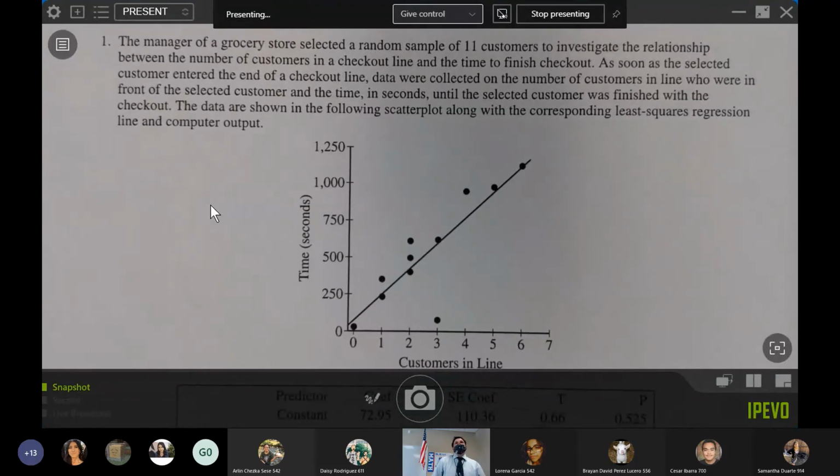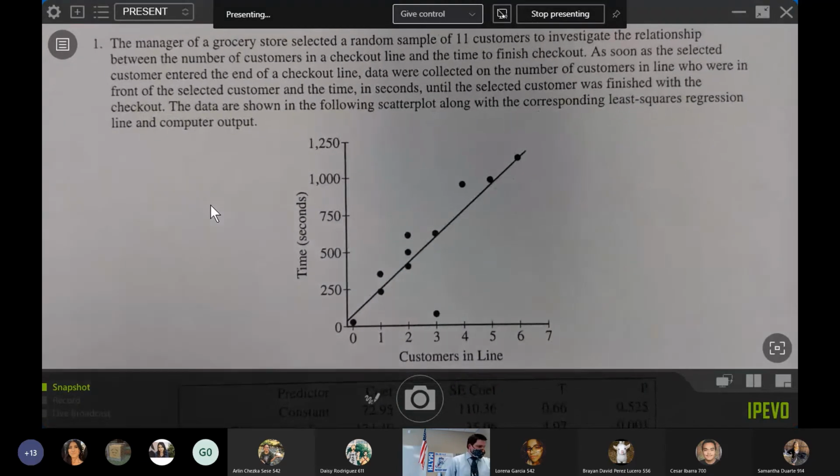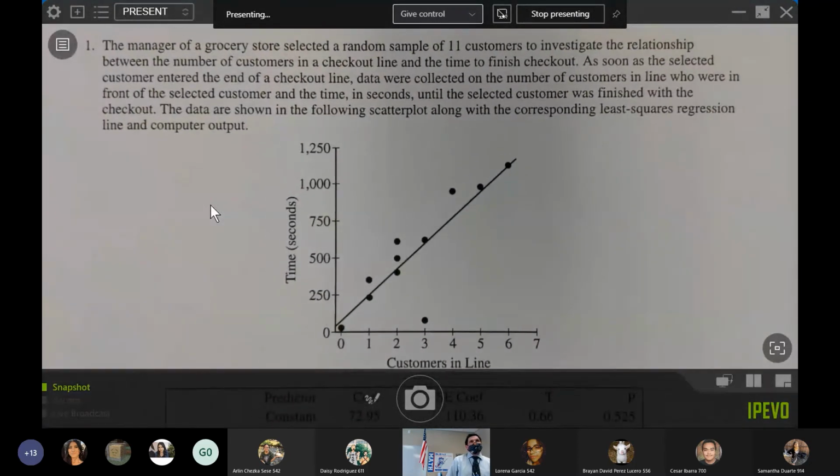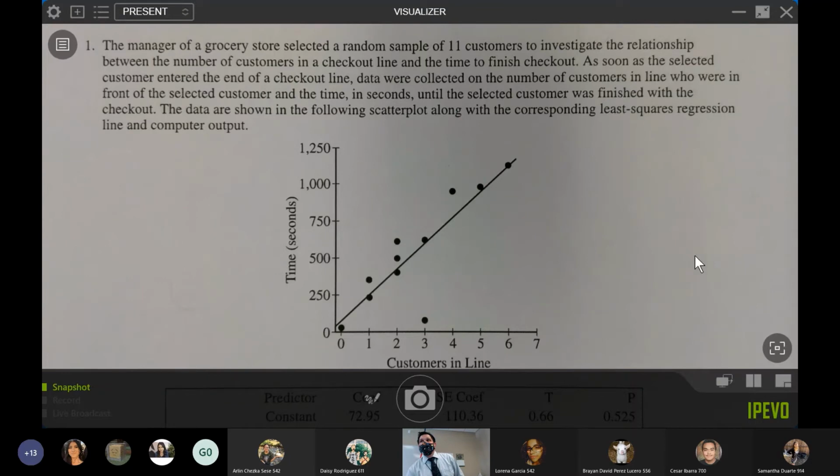Cool. So we're going to look at this example here. And this is actually an example from the 2018 AP Stats exam.